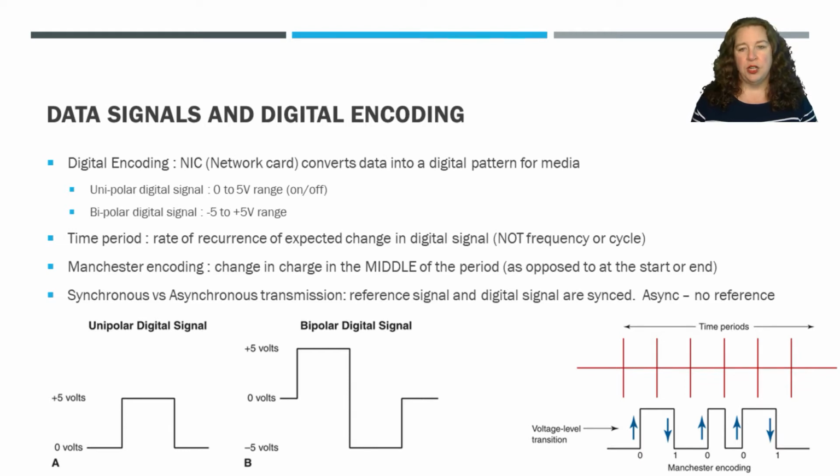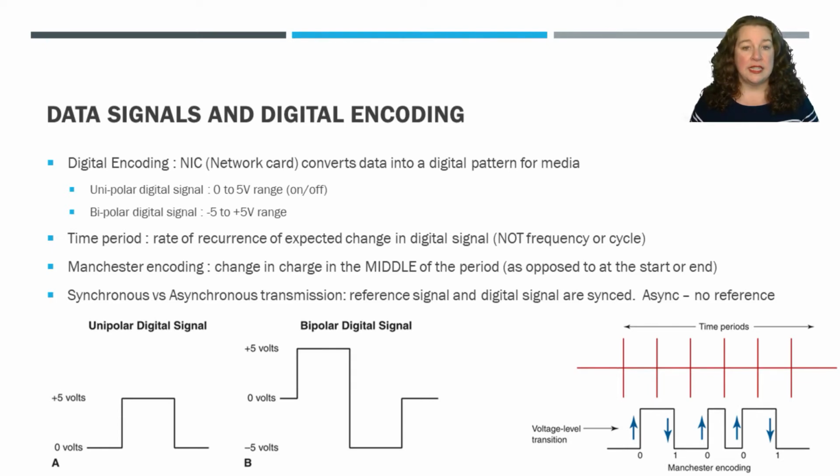There are two different ways of encoding. The Manchester encoding is a special type of encoding that does the change in the charge in the middle of the time period. If we break out our signal into different time periods, normally when we encode, we would put the change in signal at the beginning of the time period, and then we would wait, and then we would change our signal again at the next time period.